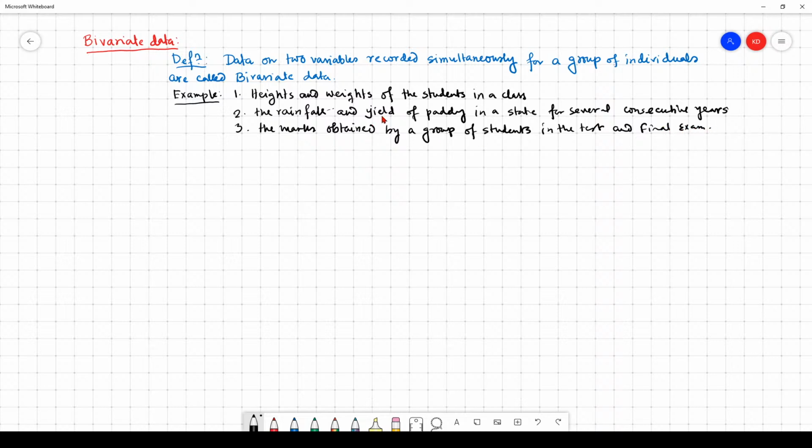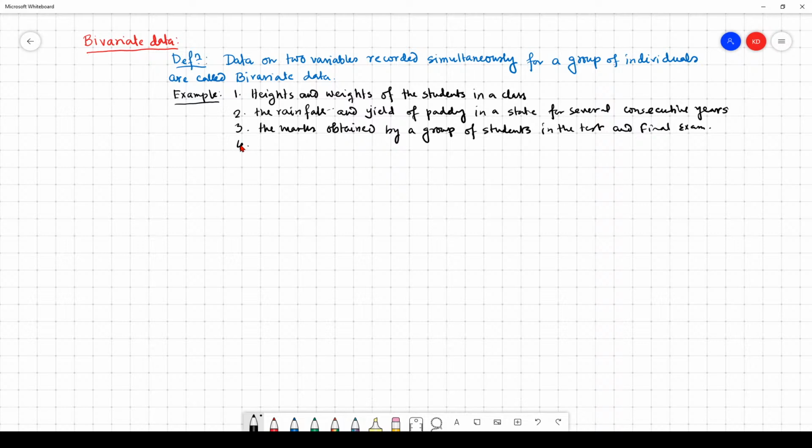See, rainfall and yield, you take two simultaneous observations from each year. So this is bivariate data. The marks in the test examination and final examination for a particular student, so this is bivariate data.